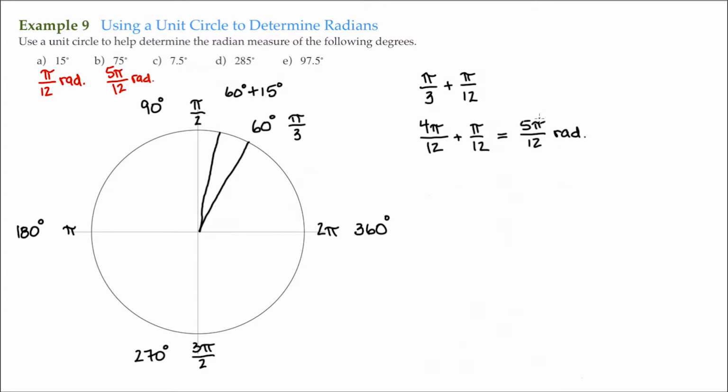This is in radian measure, so pi is expressed in radian. If I want to change it to degrees, then express pi in terms of degrees, which is 180 degrees. So I do 5 times 180 degrees over 12. 5 times 180, that's 900 degrees, divided by 12. That comes out to be 75 degrees. So I know I'm on track.